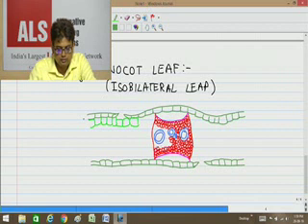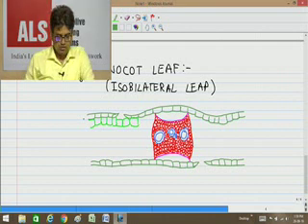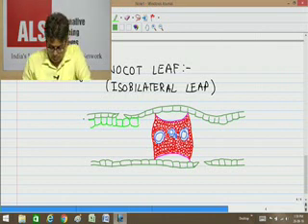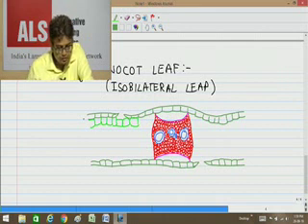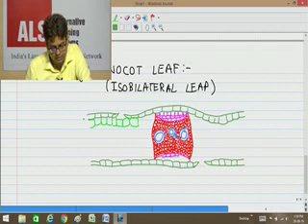Like this. Right. So, pink colored cells, these are actually sclerenchyma patches. These are basically sclerenchyma patches present just above and below the vascular bundles. They are just there to strengthen the vascular bundle, nothing more, nothing less.